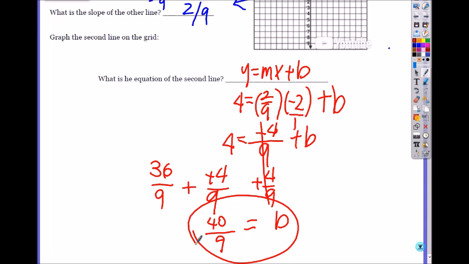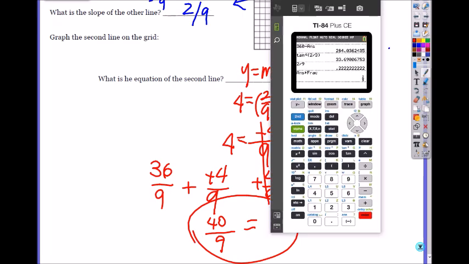What is 40 over 9? It's close to 4.5, but 4.5 is not the y-intercept. It is 40 over 9. You cannot just guess and say 4.5.